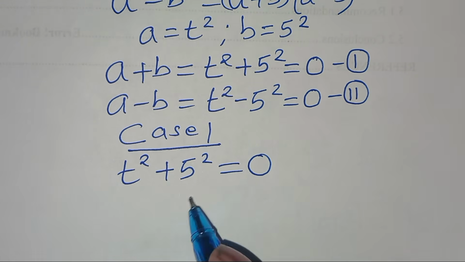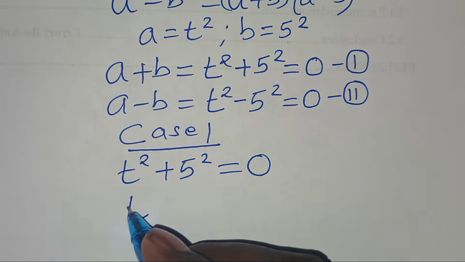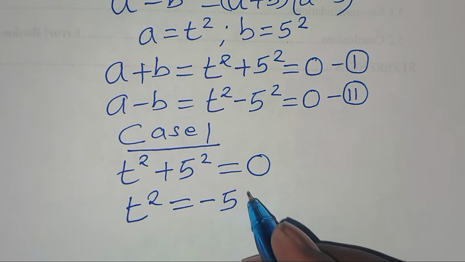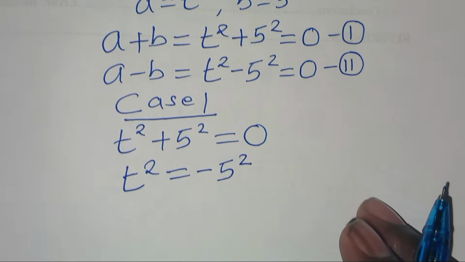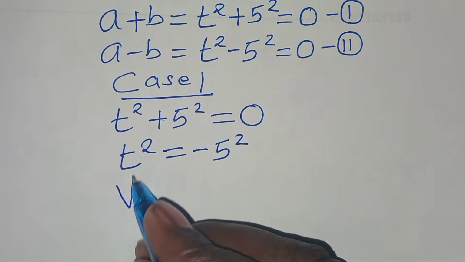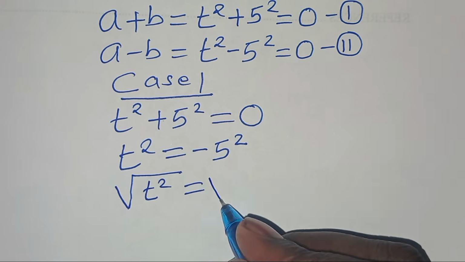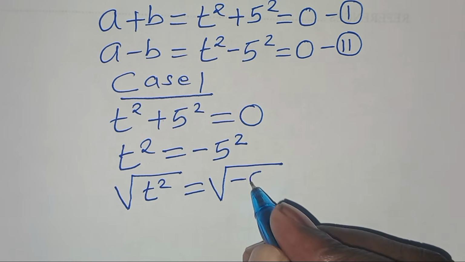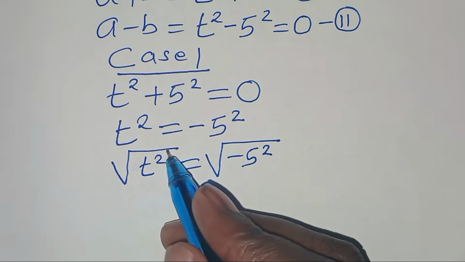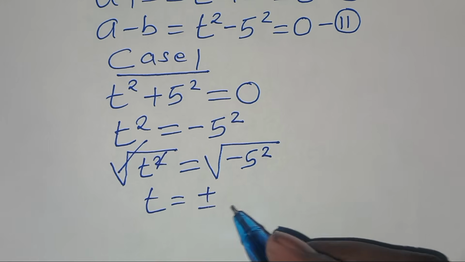Now, let's take plus 5 to the power 2 on the left hand side. Now here we'll have t to the power 2. This is equal to minus 5 to the power 2. So from here, we'll get the square root of t to the power 2 and also the square root of minus 5 to the power 2. So this implies that here we'll have t is equal to plus or minus.